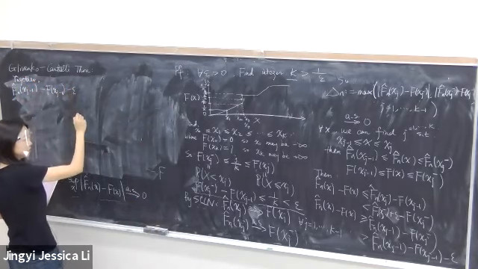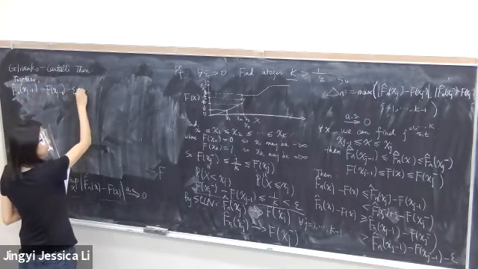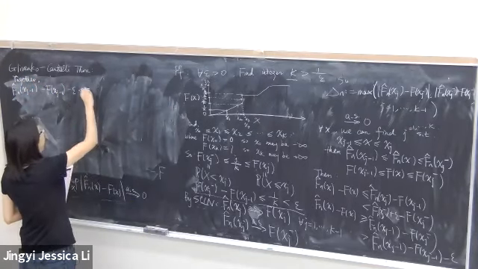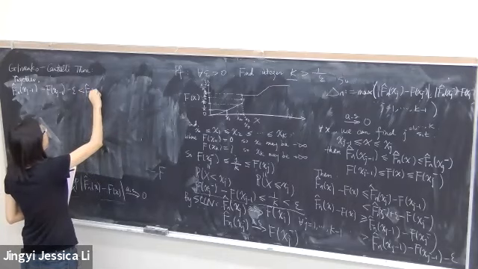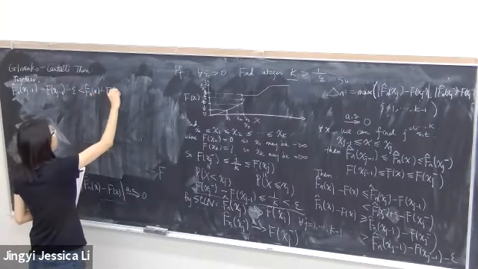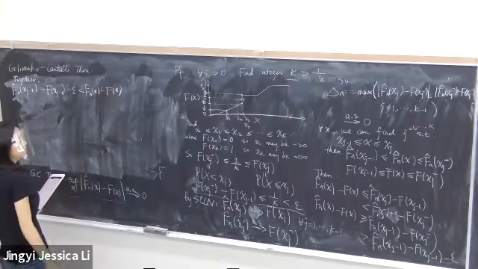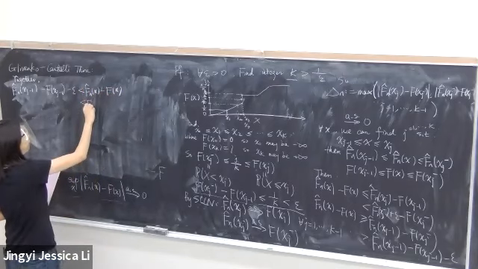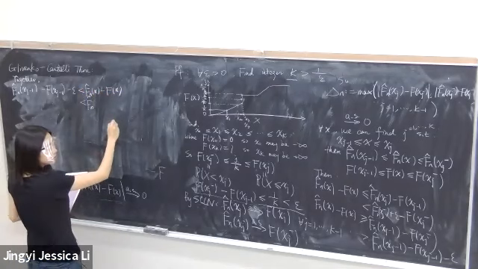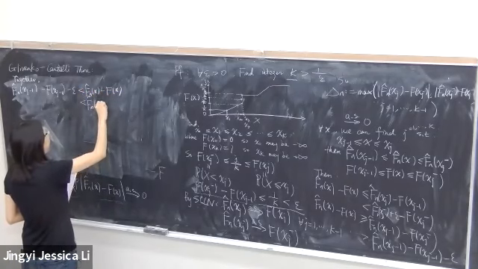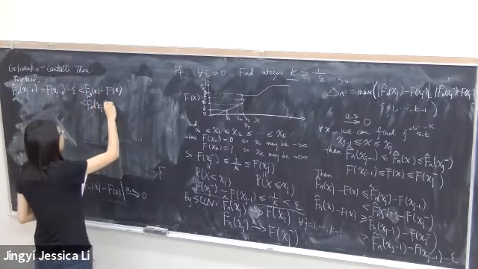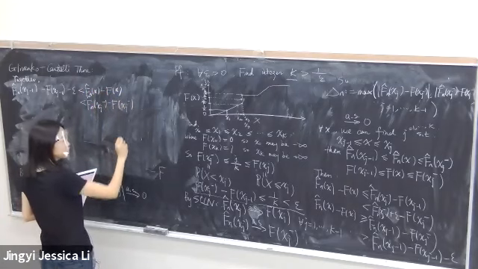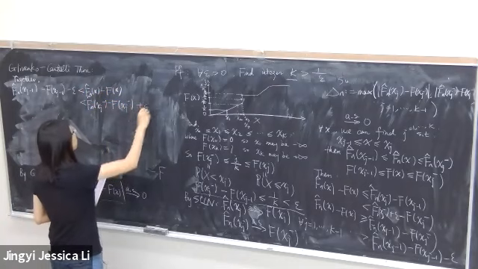Minus epsilon, less than fn hat x minus fx, my target. And the upper bound is fn hat xj minus f xj minus. Their arguments are matched plus epsilon.